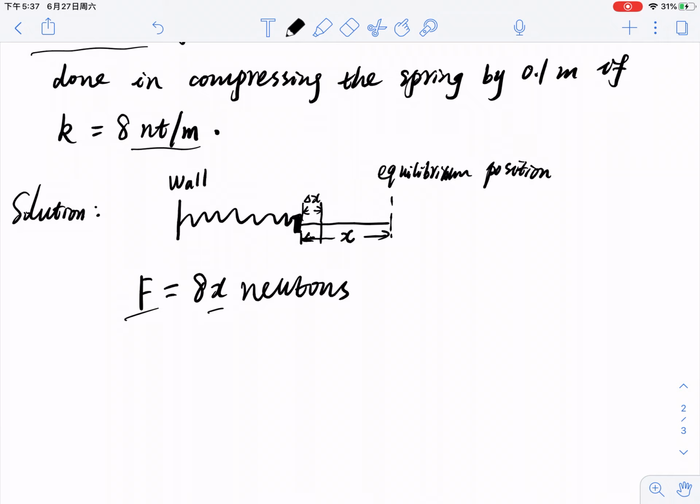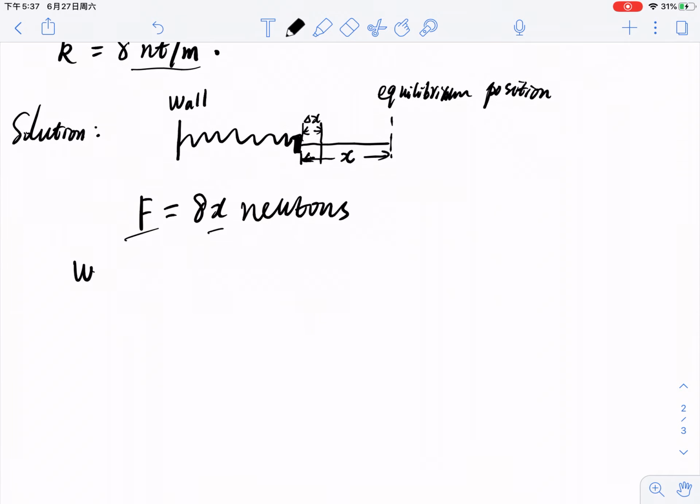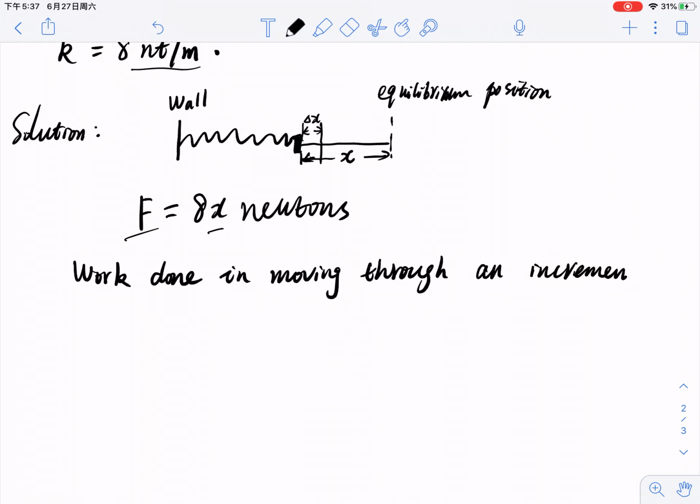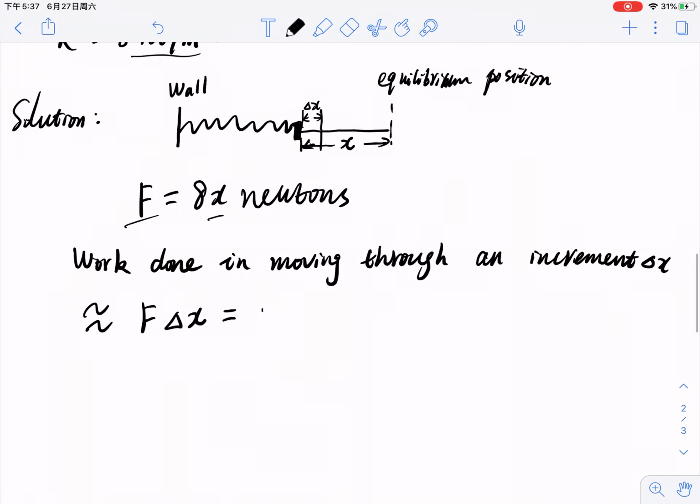So work done in moving through an increment delta x is approximately equal to F delta x, force times distance. So this is 8x delta x joules.